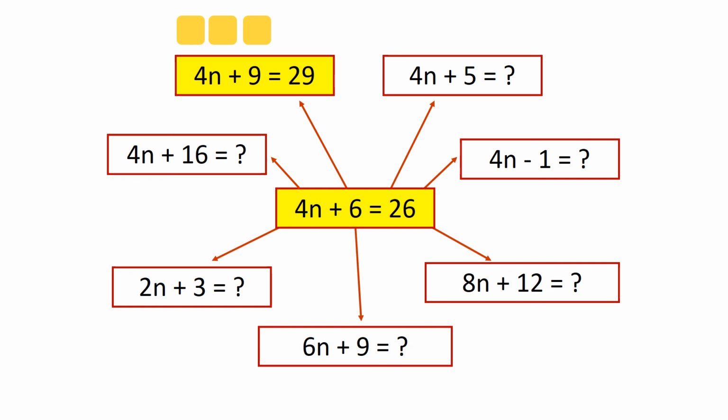So this activity is not about solving the equation. This activity is about working out and probing the pupils' understanding of breaking and repairing. If we took something like this, for example, looking at the similarities and the differences, 4n is exactly the same in both equations, but the plus 6 has changed to a plus 5.